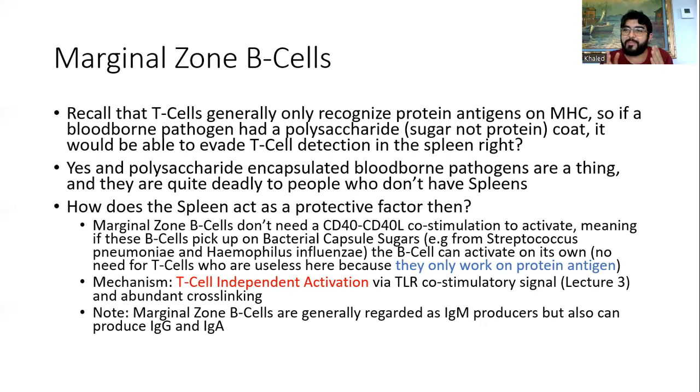And also they can both serve as a tethering point for the complement system, right? From way back when. So marginal zone B cell, I want you to think of T cell independent activation, and the utility is it can work against polysaccharide antigen, right? So this is very important.